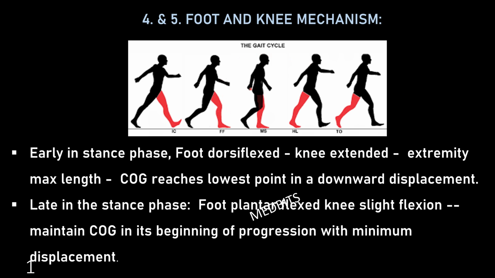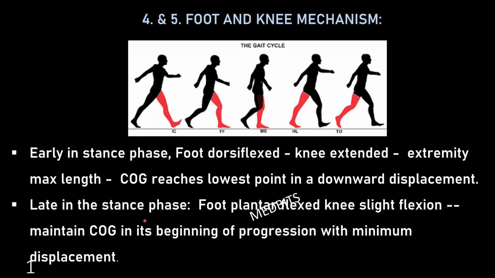Now coming to the next one, foot and knee mechanism. As you can see in the image, each segment shows each mechanism, so I'm just going to explain them. Early in stance phase, the foot is dorsiflexed and the knee is extended. The extremity is at max length, so the center of gravity reaches its lowest point in a downward displacement.